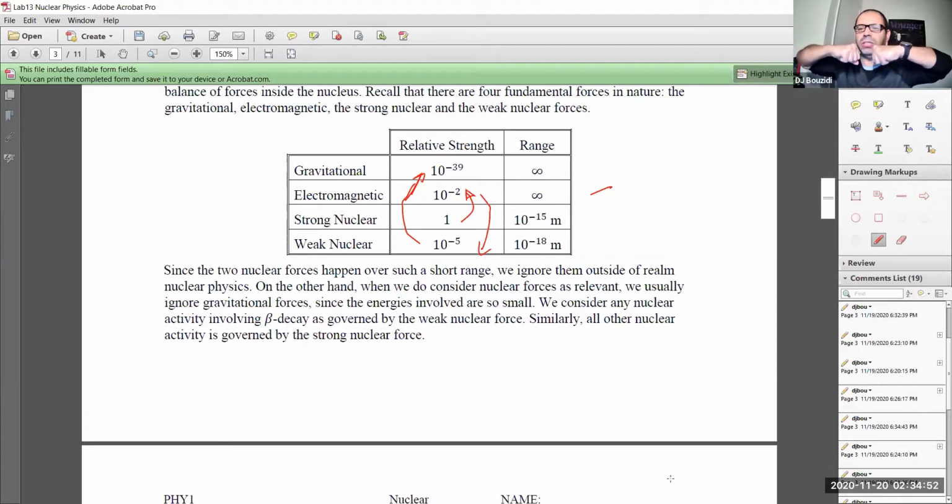Positive and positive do not like to be next to one another, until the distance between them becomes this order. If the distance becomes 10 to the negative 15, at that point the nuclear force is an attractive force, so it's going to overpower that force. It's going to win because it's 100 times stronger.